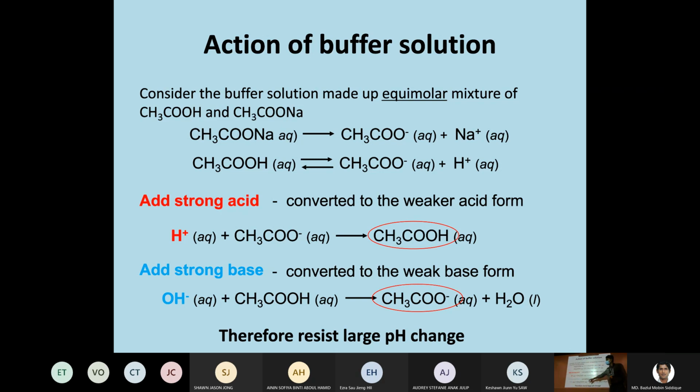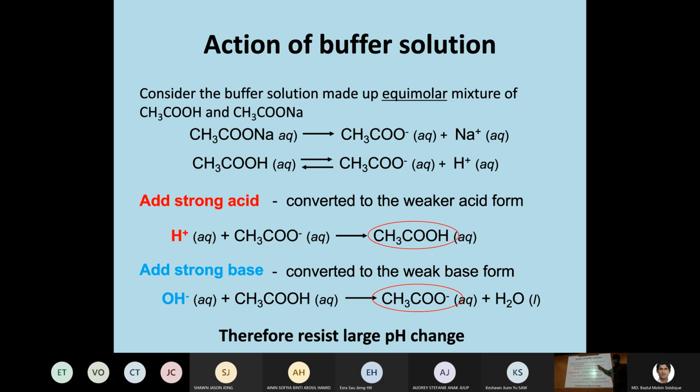And then when you are adding base, it is going to produce more acetate ion and hydroxide ion. So with both acid and base, only this acid dissociation reaction is being affected.